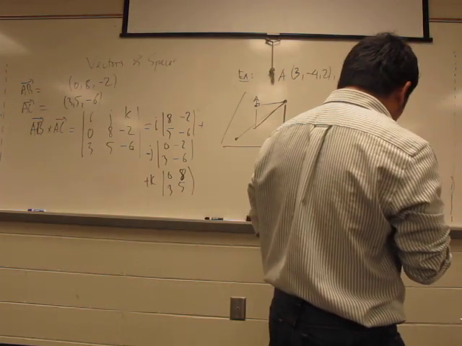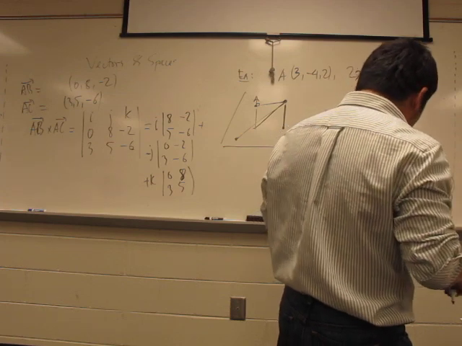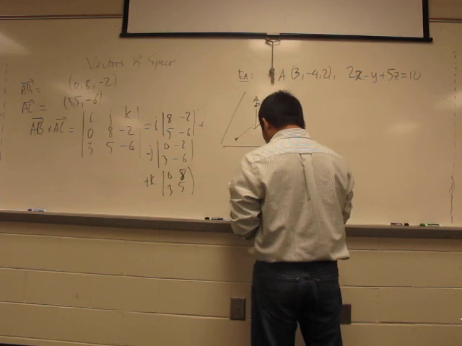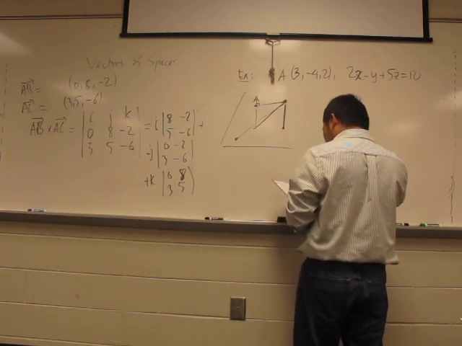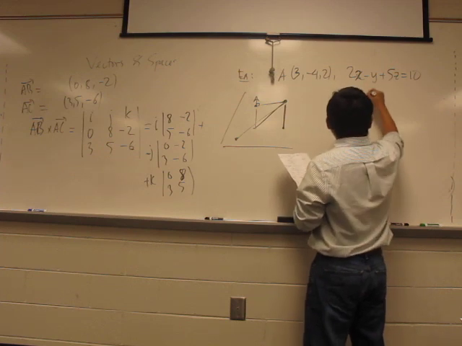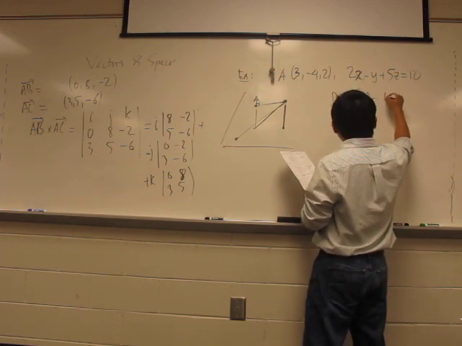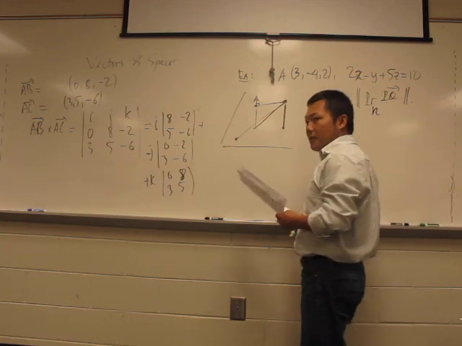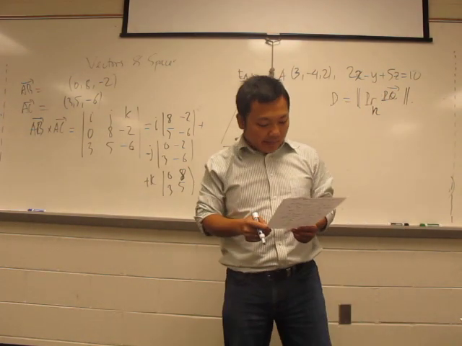I think we have the formula from here. As I said, the distance is equal to the norm of the projection of PQ onto N. Please find me PQ and N in this case.